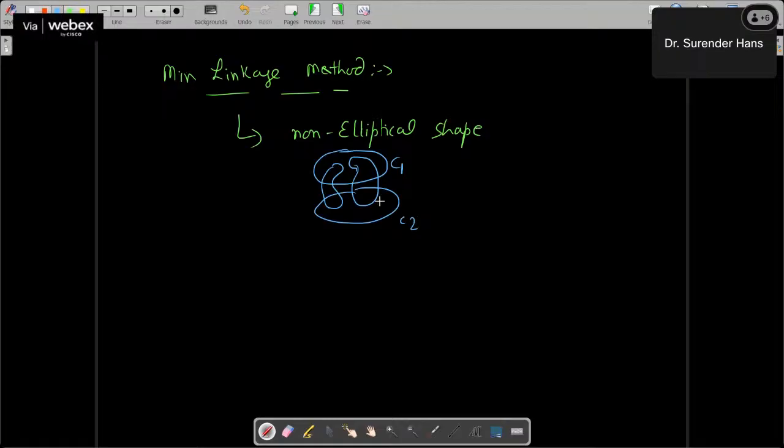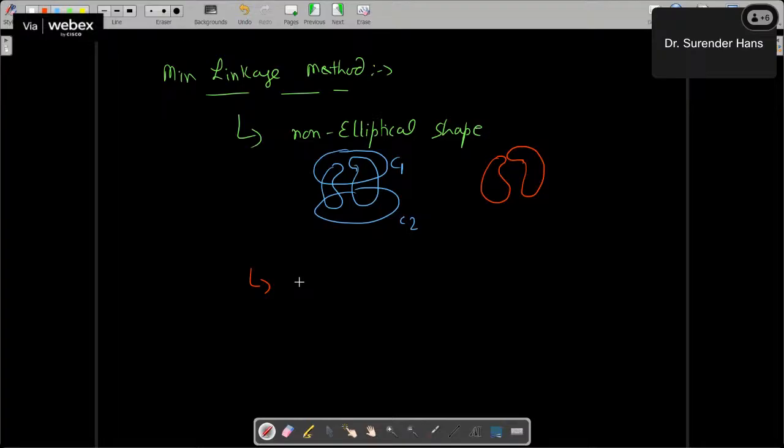But in hierarchical clustering, this will be your one cluster and this will be your second cluster. The second point is that agglomerative clustering works very well for data sets where the clusters are well separated. If clusters are well separated, then hierarchical agglomerative clustering is the best clustering algorithm.